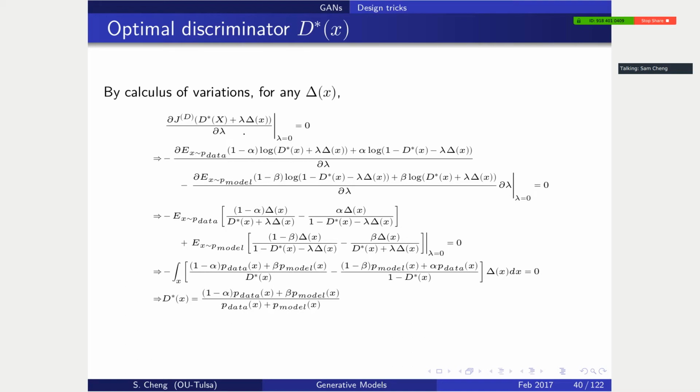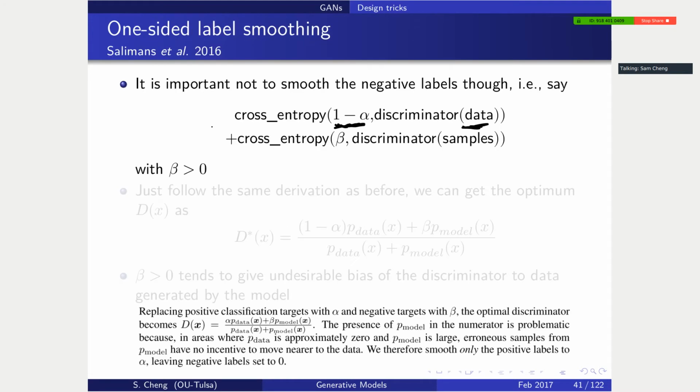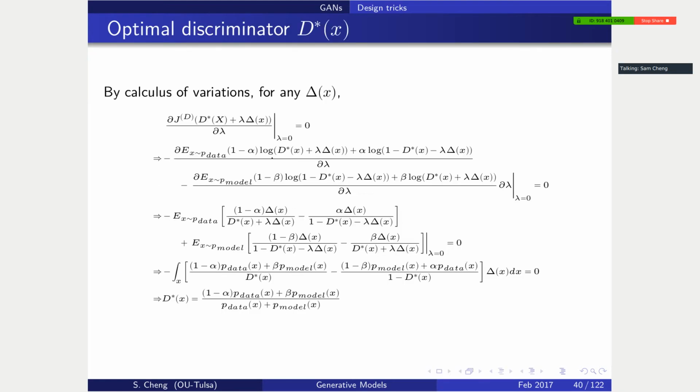So if I have D star here, I'm actually doing the same derivation as earlier, trying to find the optimum D star. Let's say D star is the optimum one, and we also have what we just described: if we see some true data, we'll say with 1 minus alpha confidence that it is true. What does that mean precisely?